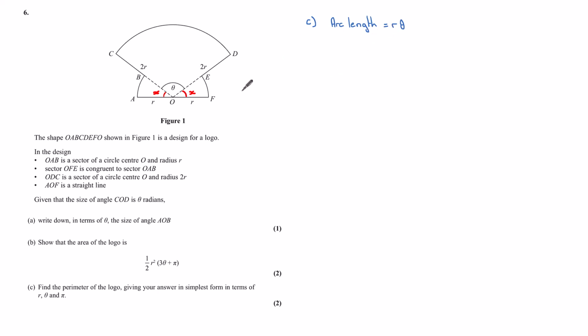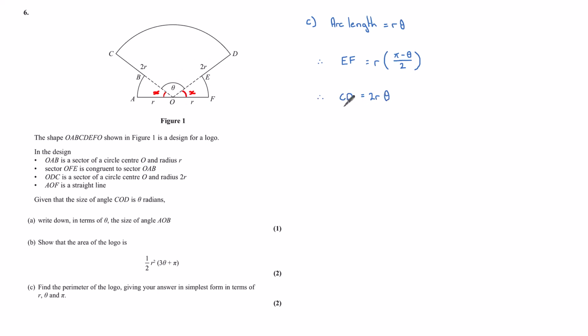I've got 2 arc lengths that I'm interested in: E to F and C to D. My arc length E to F is r theta, remember my angle x we found previously to be (pi minus theta) over 2. E to F is the same as A to B, so I don't need to find A to B. But I do need my C to D arc length, and C to D is r theta, where r is 2r in this case, and theta is theta.